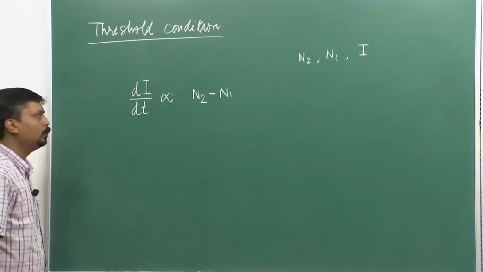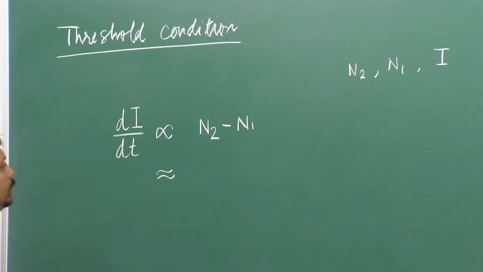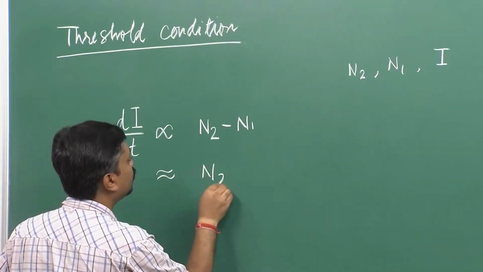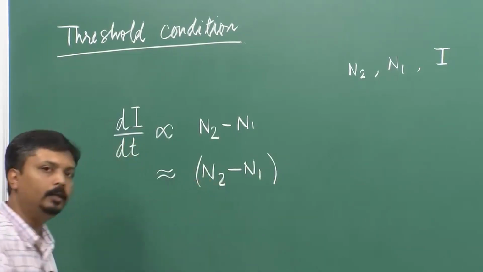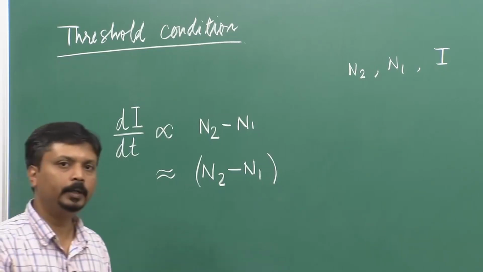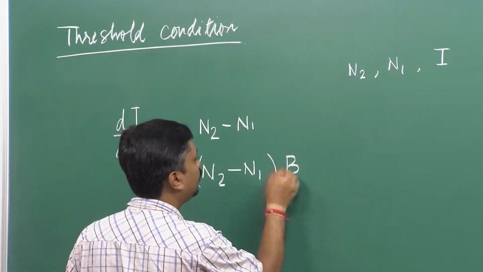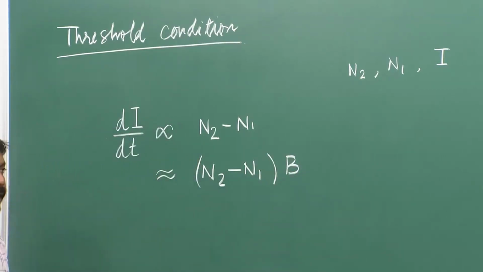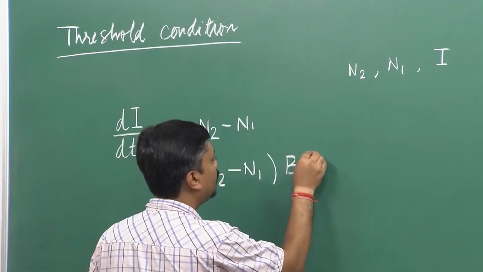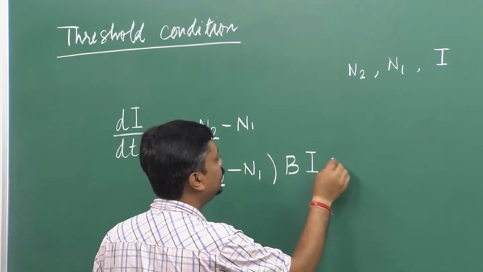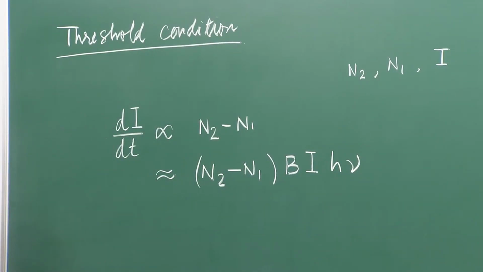We can write this in a very similar way as we have already learned in the first week of this lecture series, with a rate constant for stimulated emission times the initial intensity, like this.